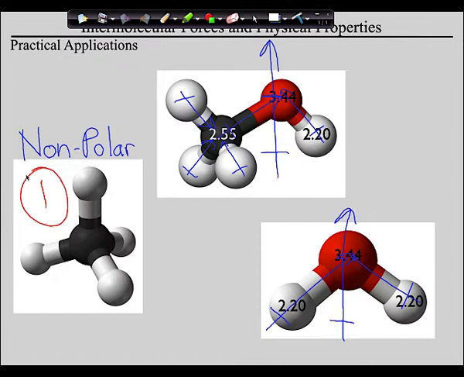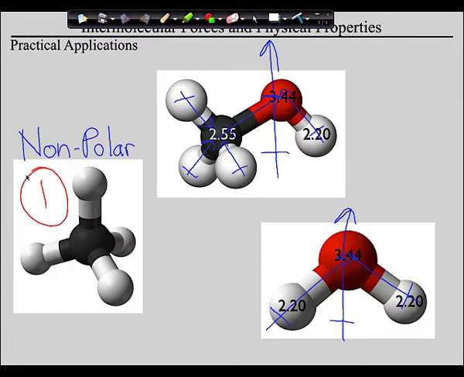Now, which one is the most polar and which one is the middle polar? Well, guys, thinking about question 16, what is it that determines the polarity of the molecule? The polarity of the bonds. And what is it that determines the polarity of the bonds? The difference in their electronegativities. So guys, let's compare.